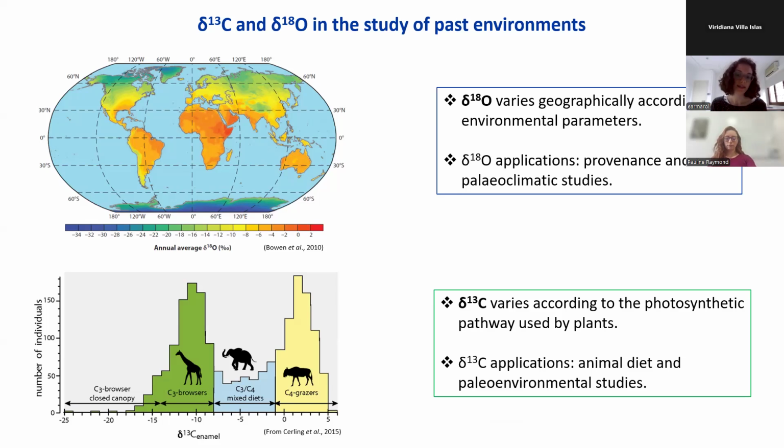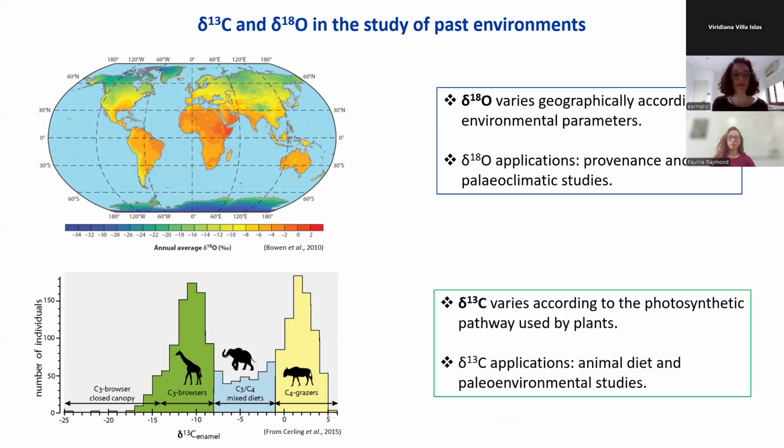On the other hand, carbon isotopes vary according to the photosynthetic pathway used by plants, because carbon is the carbon contained in plants that animals eat. So this value varies according to the photosynthetic pathway, allowing us to distinguish between C3 and C4 plants, of course, in an environment in which both these plants are present, because C4 plants are typical of tropical and subtropical regions.